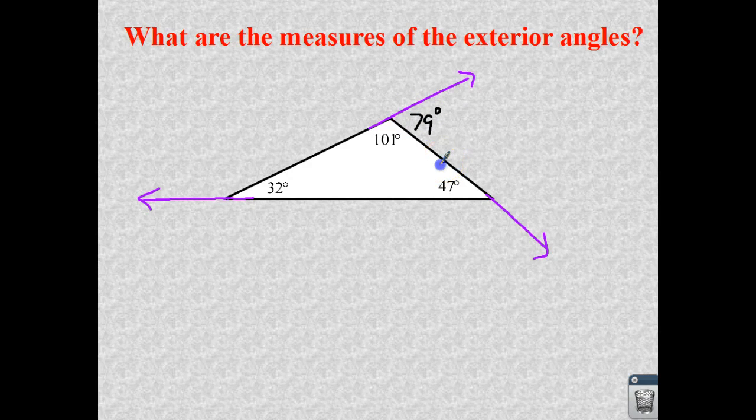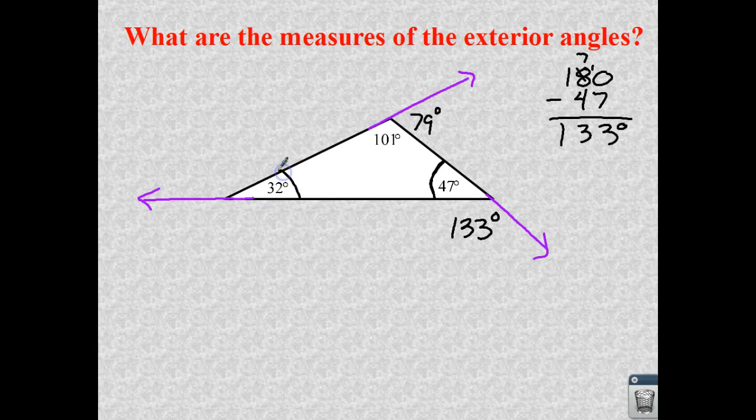The second one, I have 47 degrees, and if I want to find the supplement to that, I can take 180, subtract 47, and what do we end up with? We have 133 degrees in my obtuse angle. And then the final one, 32 degrees, I need the supplement.